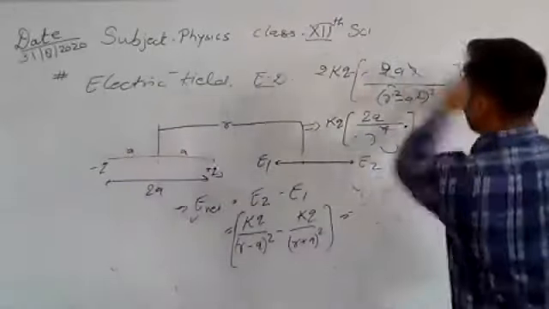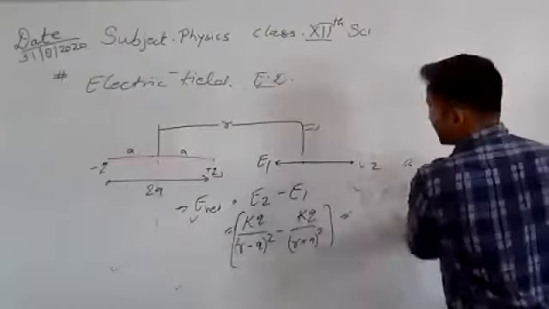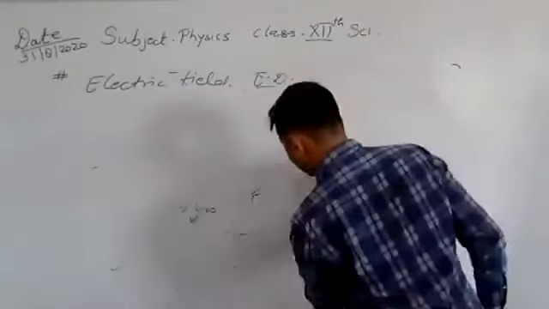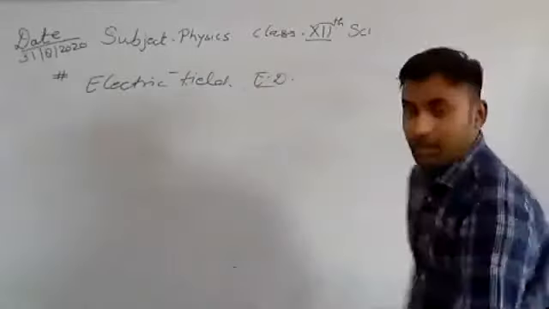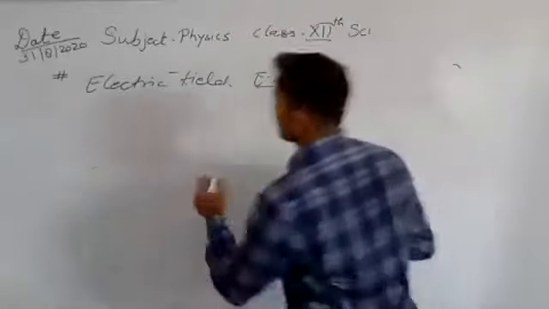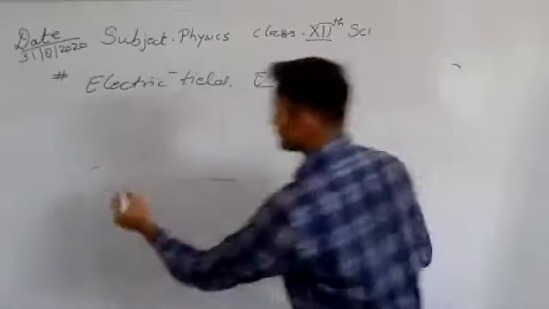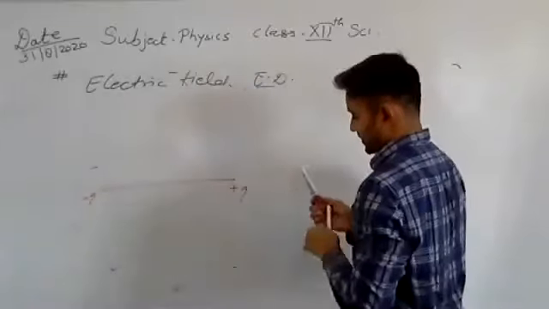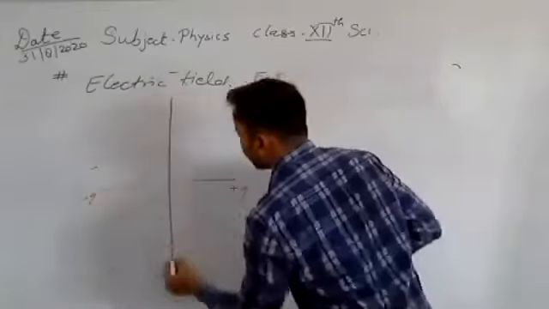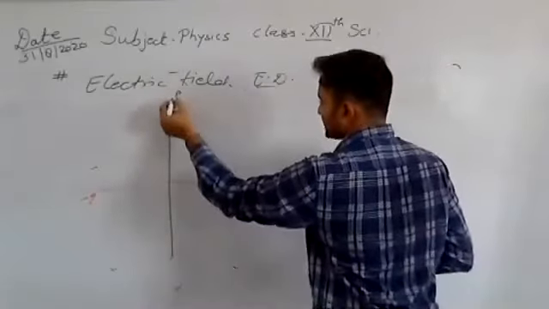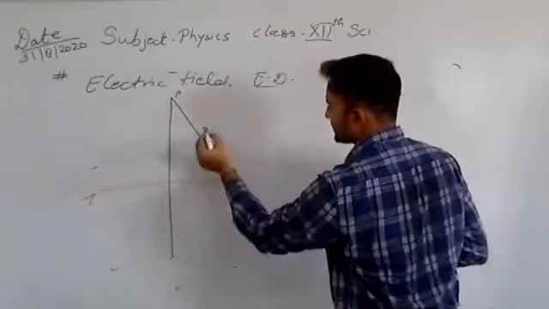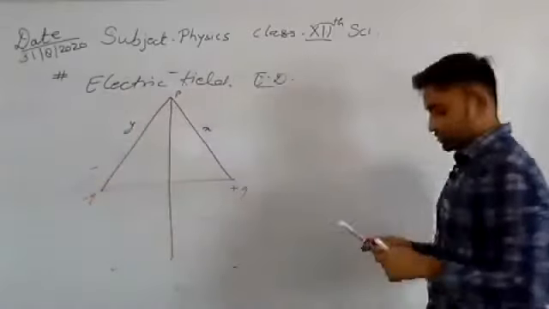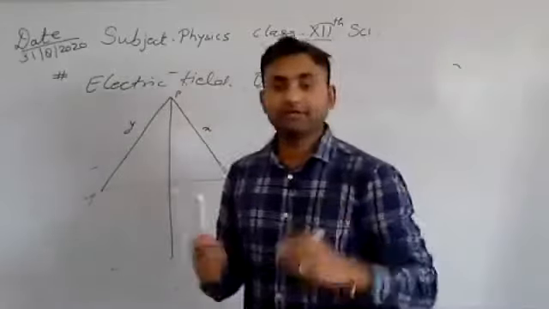Very good. Now let's say the electric field at the equatorial position. What will the electric field at the equatorial position be? It is minus Q, it is plus Q. At the equatorial point P, let's say it is X, it is Y. So the direction of the electric field will be what?